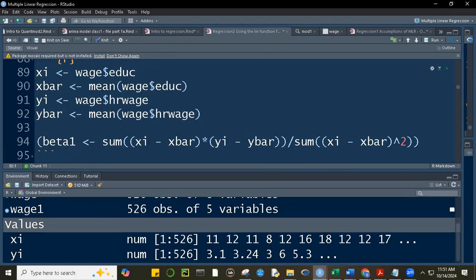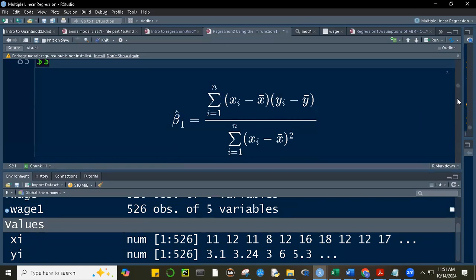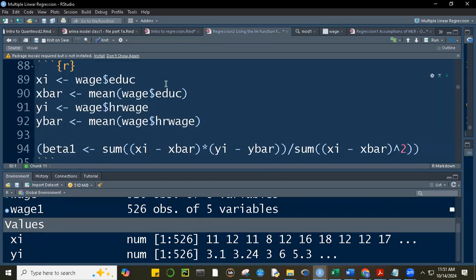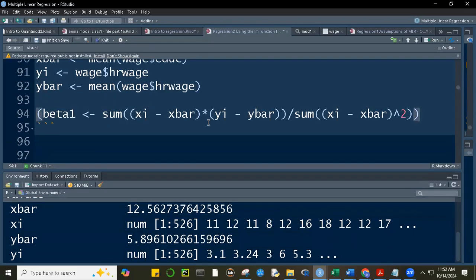Then we need the mean, right? For this formula we need x bar, which is the mean of education, and y bar, which is the mean of hourly wage. So the formula is simple. Our beta 1 is equal to the sum of x sub i minus x bar times y sub i minus y bar, where y bar is the mean.